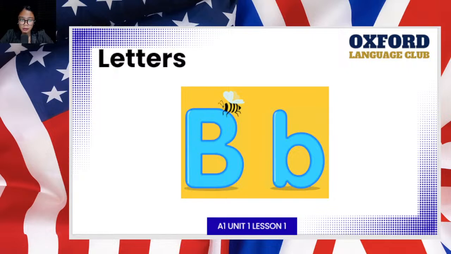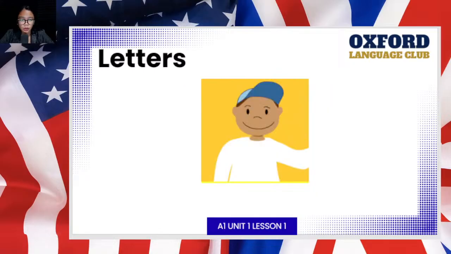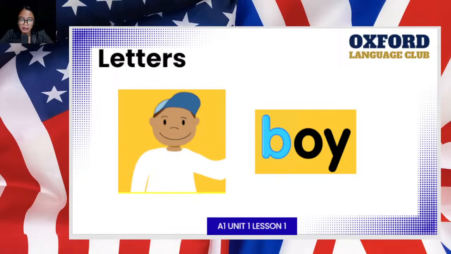Next, let's go back to the letter B. Again, how do we read this letter? B. How do we pronounce it? B. B. Next. Oh, what's this word? What is this picture showing? The word we're trying to find here is boy. It starts with letter B. Boy. Again, boy.